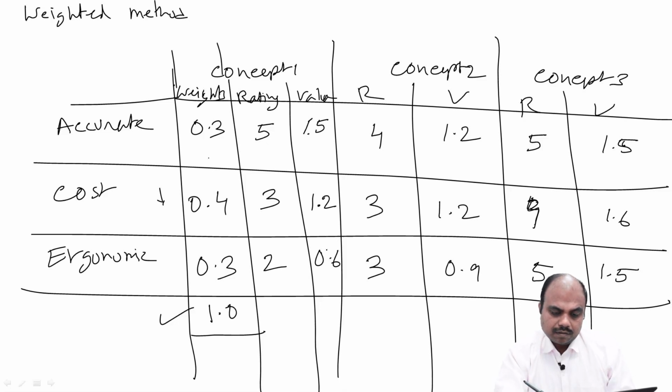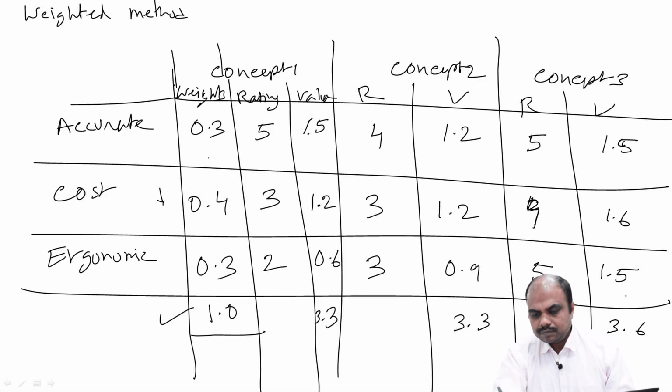So here the totals are 3, 3.3, and 3.6, and 4.6 this is.